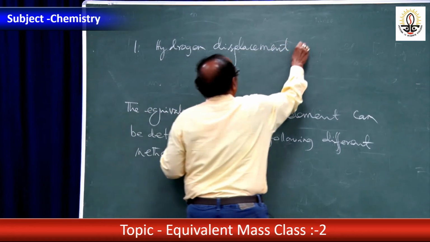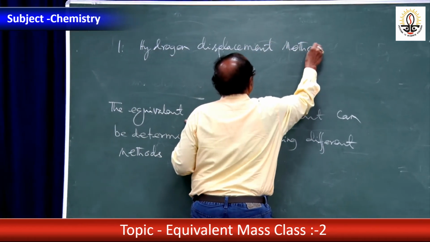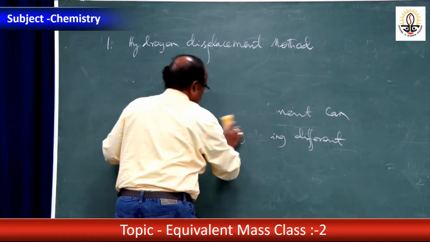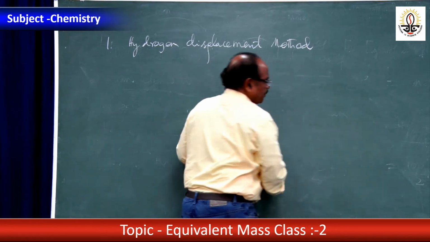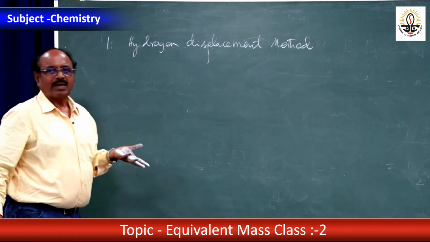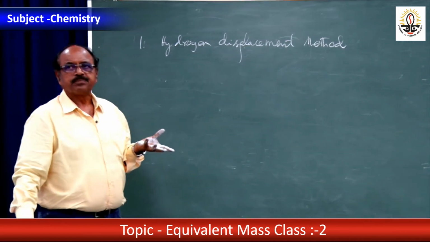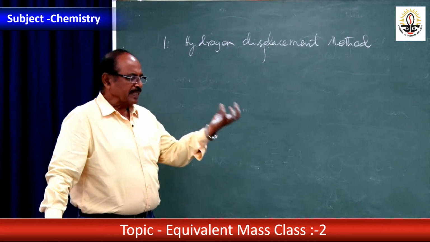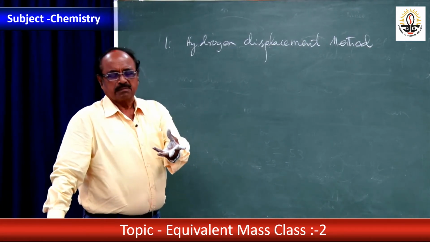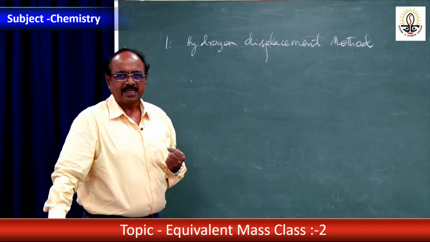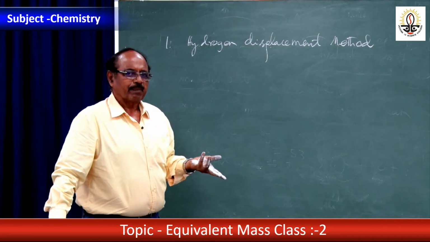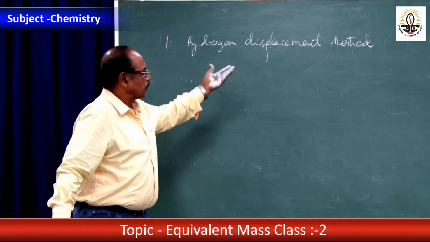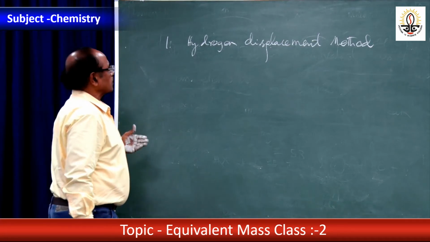We will take the compound, allow it to react with metal, find out the volume of hydrogen that came, then find out the weight of hydrogen. This weight of hydrogen was replaced by this much of metal. So 1.008 parts by mass of hydrogen will be displaced by how much of metal, that will be the equivalent mass. We will do 2-3 examples so you can understand the hydrogen displacement method.